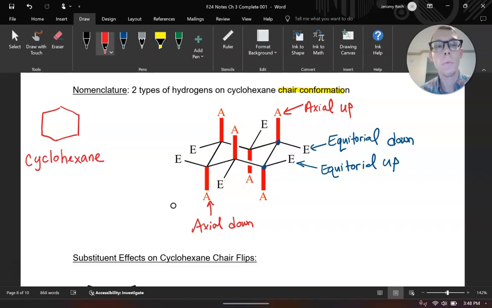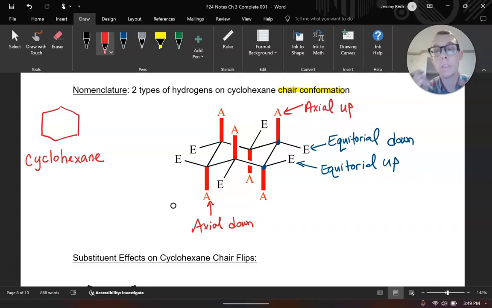Now, one of the big things that we're going to be doing is most of the time we're going to be taking a cyclohexane in this flat structure that I drew originally, and then converting that into a chair conformation. That's the actual conformation that the molecule exists in in 3D space. There are going to be 2 different variants which we can draw, and we're going to call these chair flips.